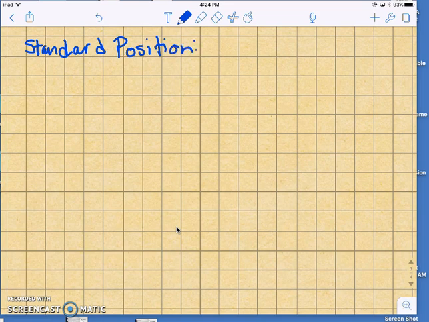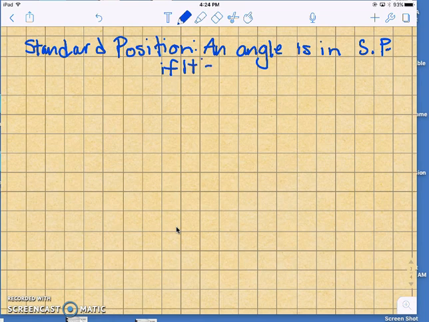An angle is in standard position, I'm going to call that SP, if its initial side is on the positive x-axis.